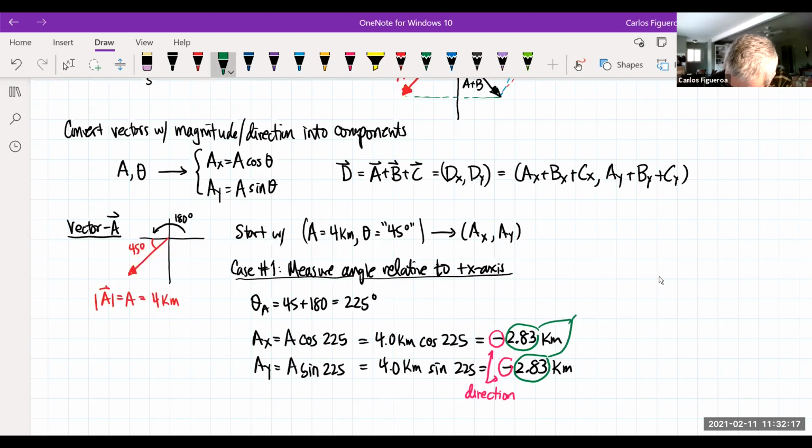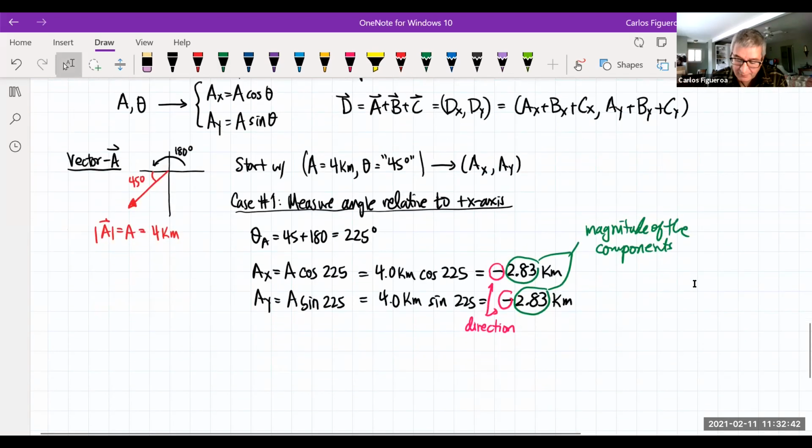These values are telling you the magnitude of the components. In other words, what that 2.83 is telling you is the length. So the angle, of course, only tells you the direction.